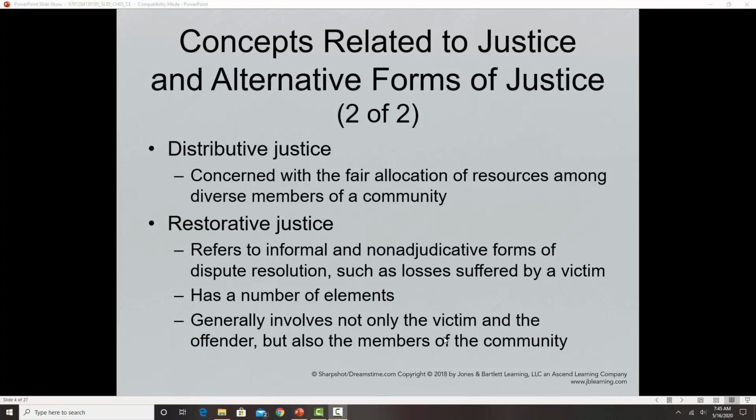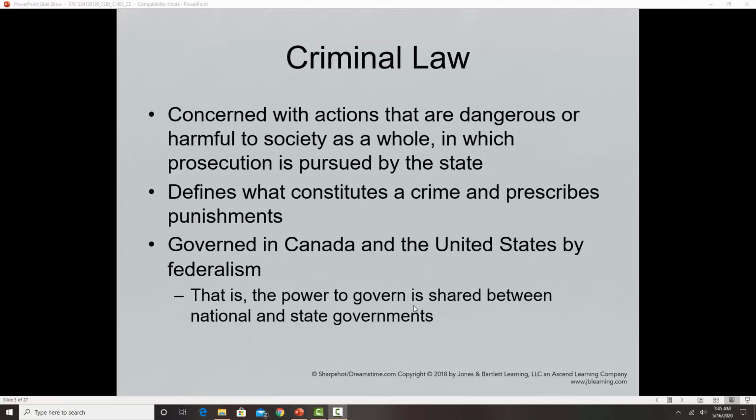And that can include individuals, but it can also be communities as well. So restorative justice takes lots of different forms, but it's really about making sure that people who experience losses because of becoming a victim of a crime get some type of compensation for that.